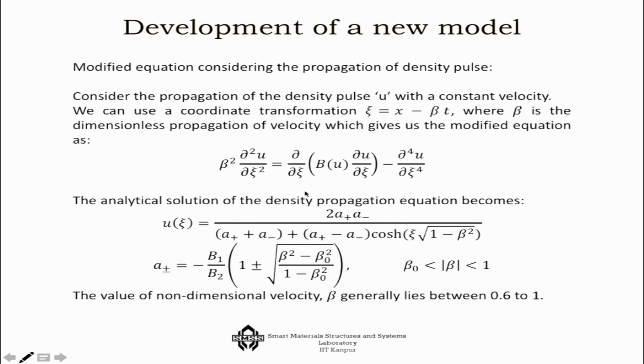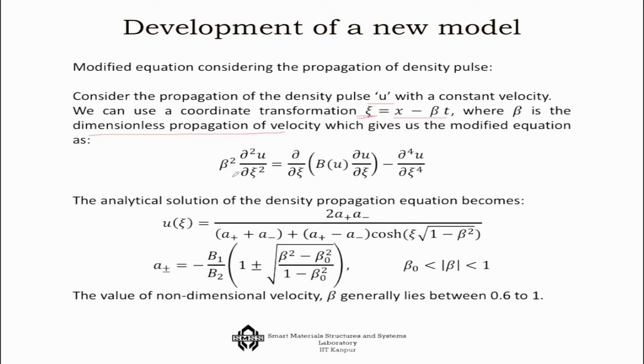Now, if I get this whole expression in a non-dimensionalized mode, the only thing now is that we can apply another parametrization in terms of the density pulse. We can use a coordinate transformation and put a new coordinate zeta, which is x minus beta t, where beta is the dimensionless propagation velocity.